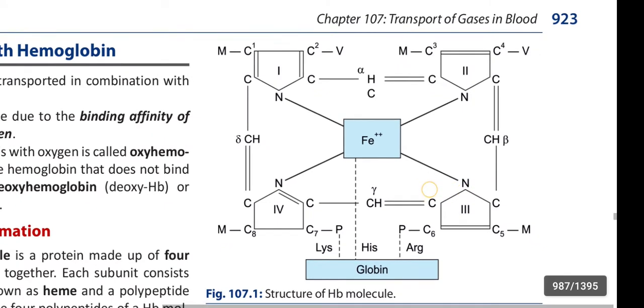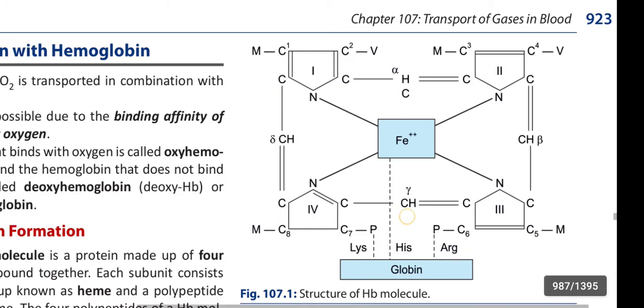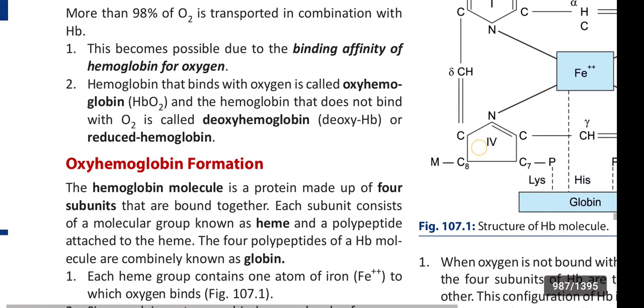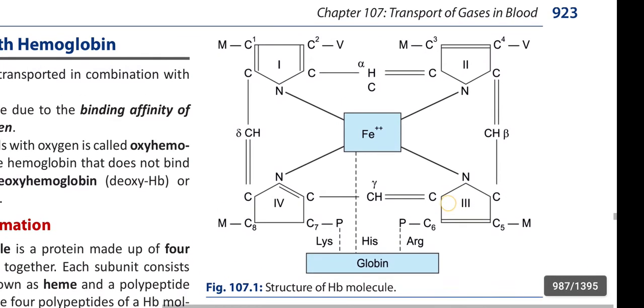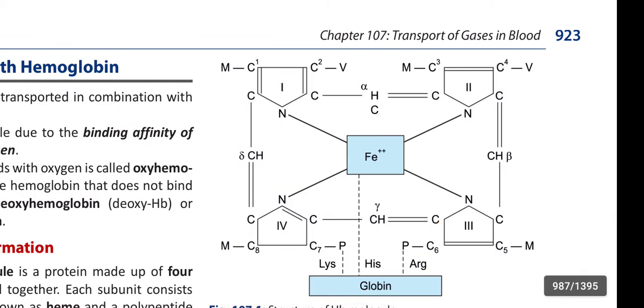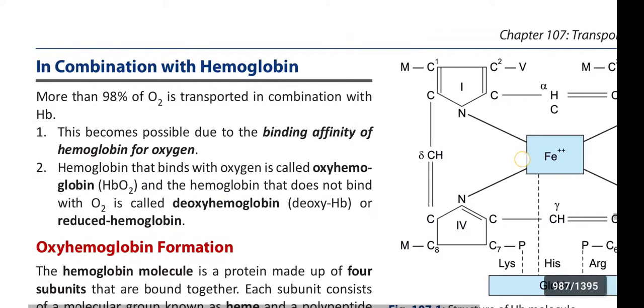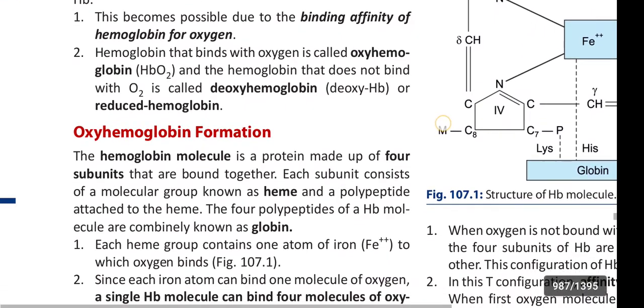This is the figure of the hemoglobin molecule. It is a protein structure, and this protein is made up of 4 subunits that are bound together.